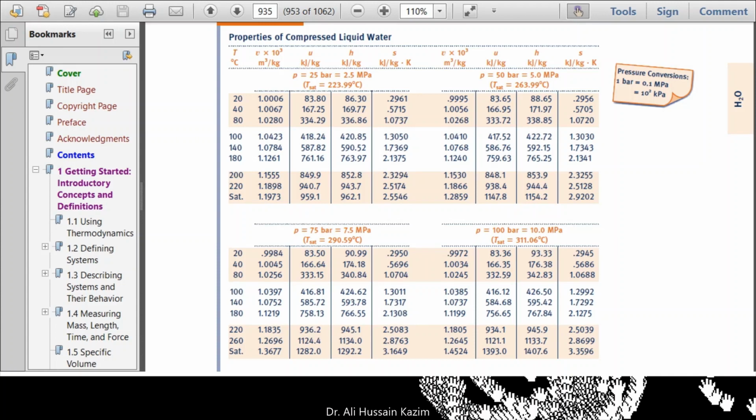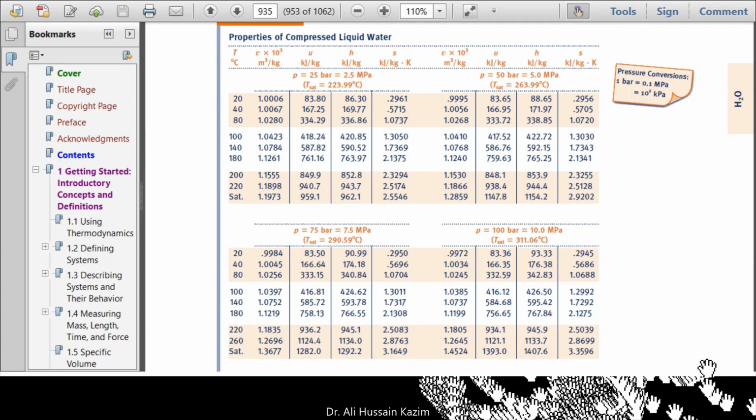So we have to interpolate. What do we have to interpolate? We have to interpolate the pressure because we have to find properties at 40 bar, and we also have to interpolate temperature because we have to find properties at 160 degrees Celsius. So what are the values that we copy?